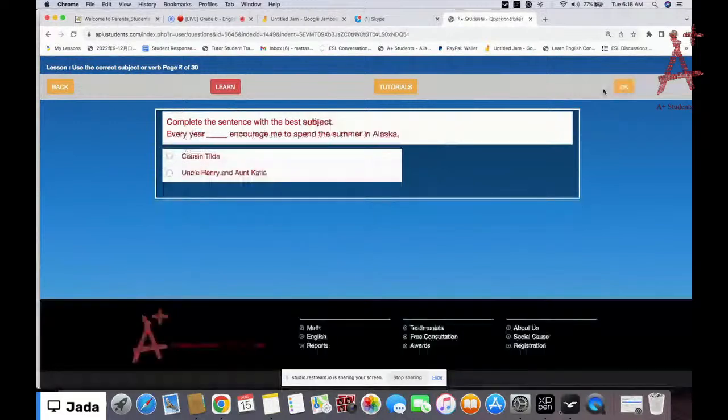Okay, so this is how you go about this test. You need to just choose the correct subject or verb. So the singular subject goes with the singular verb, which has the es and s. But then the plural subject goes with the plural verb, and the plural verb does not have es, ies, or s.